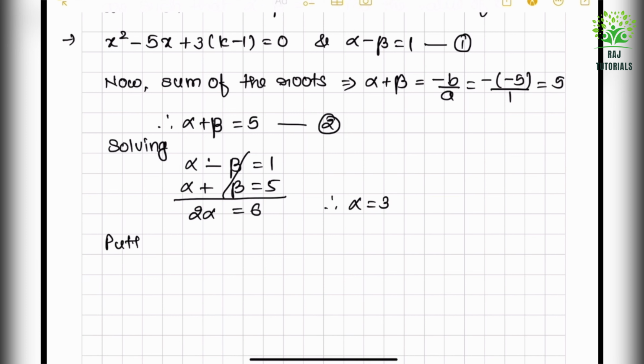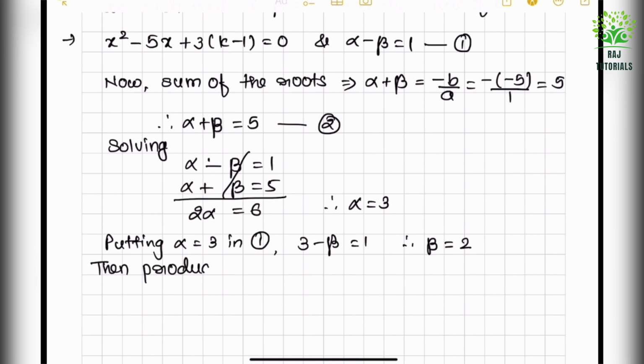Therefore alpha will be equal to 3. Putting alpha equal to 3 in 1, 3 minus beta equal to 1. So therefore beta equal to 2. Now I got both alpha and beta.